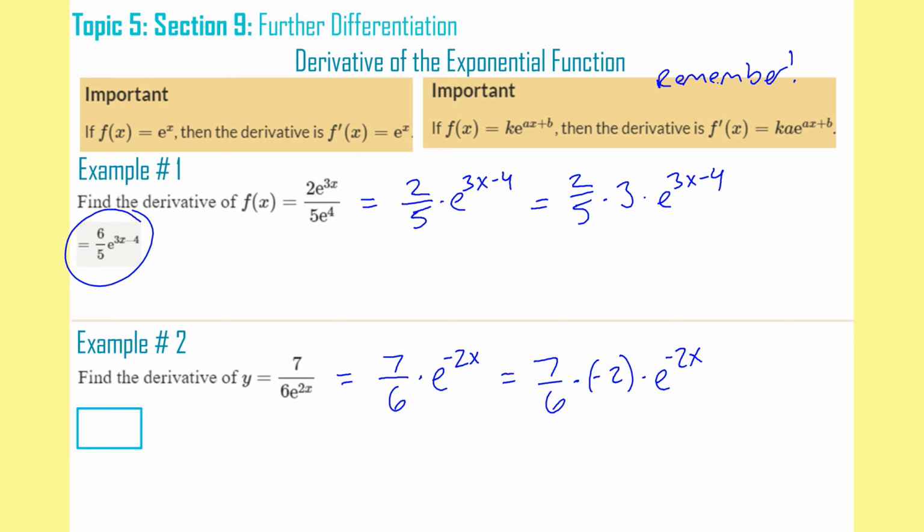You simplify that, and you should get this, right? Typically you want to write it with a positive exponent, so that's why you'll see it move down. So this simplifies to negative 7/3. Since that's a negative exponent, bring it down to the bottom. Okay? So there's your answer.